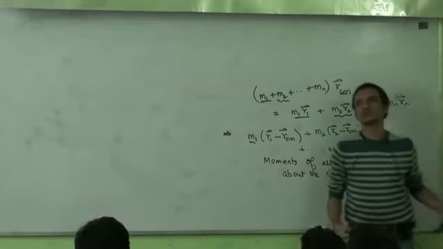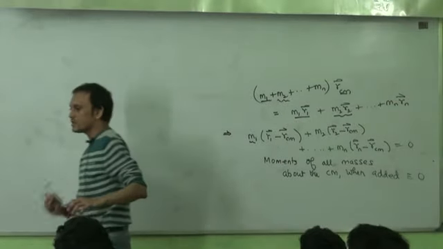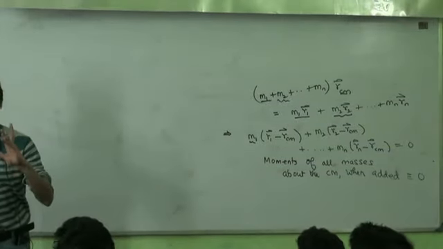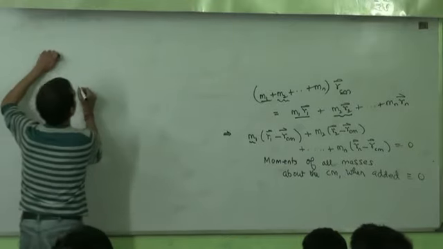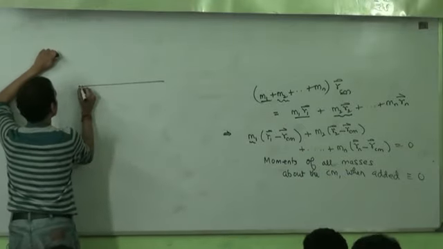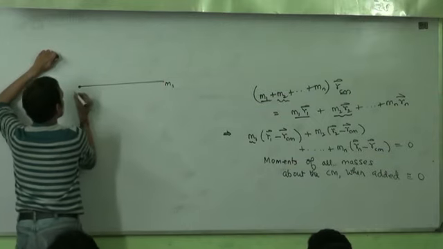In a one-dimensional scenario, let's say there were two masses, a mass m1 and a mass m2.